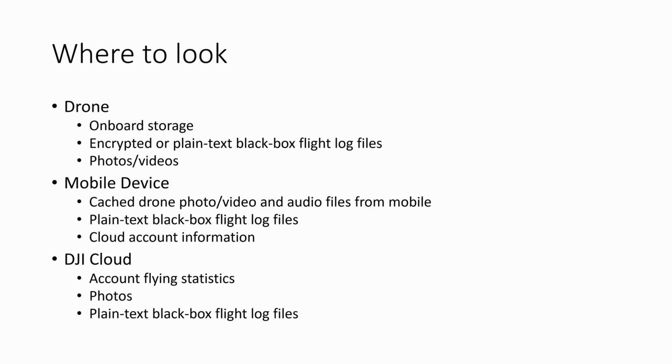And if this setting is enabled, which by default I do not believe it's enabled, it will also record audio from the mobile phone itself. So you'll be able to hear the person who is controlling the drone and anyone around them talking while the drone is out flying. It'll be a video of the drone footage paired with the audio from the mobile device.